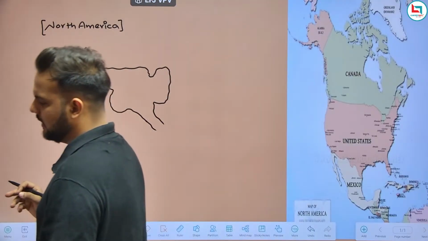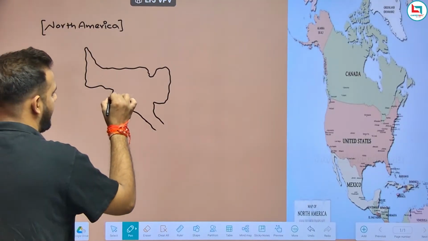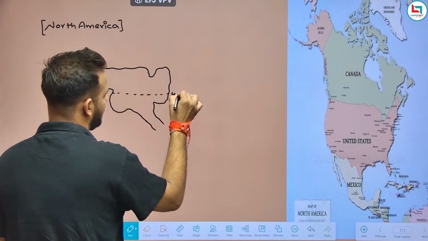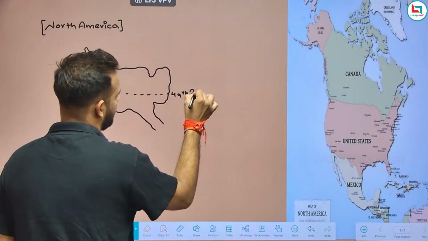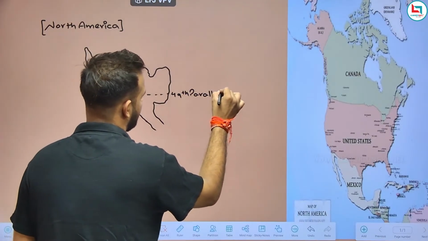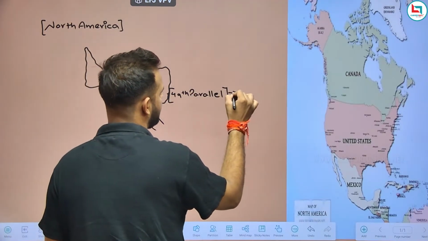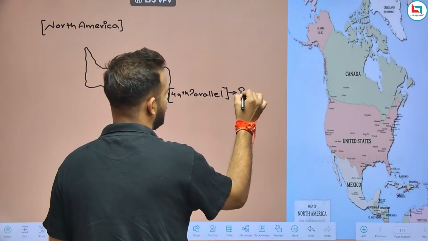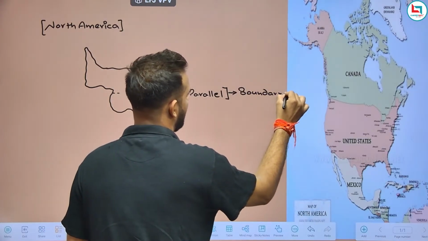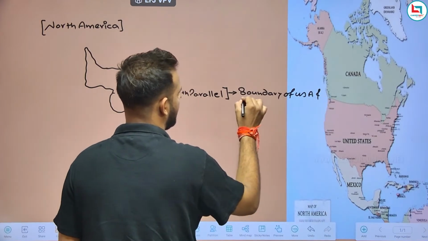Now, guys, if you see, you will see the 49th parallel. It is the border of USA and Canada, the boundary of USA and Canada.